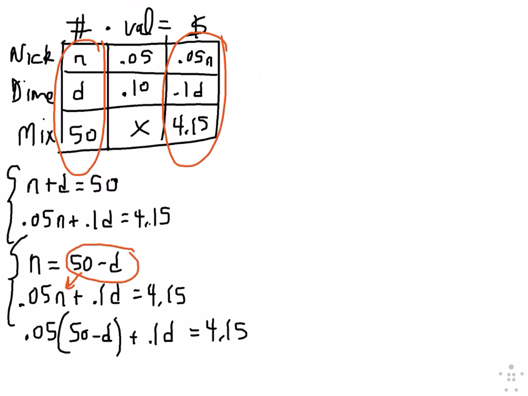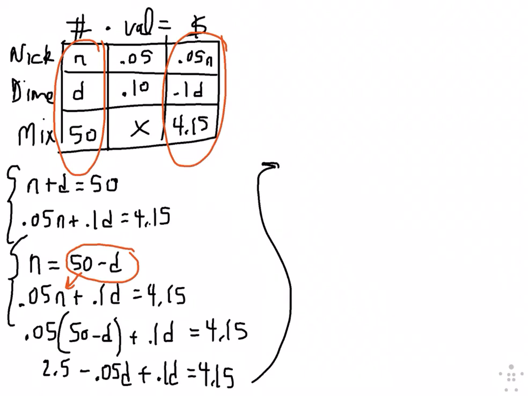Now we distribute in 0.05 times 50. 0.1 times 50 would be 5, so this is 2.5, minus 0.05D plus 0.1D equals 4.15. Now we'll come up here.